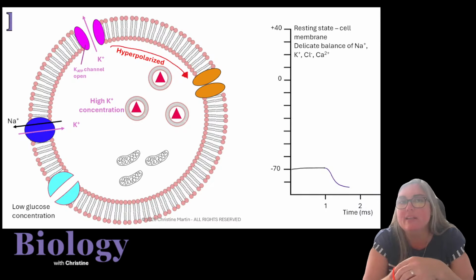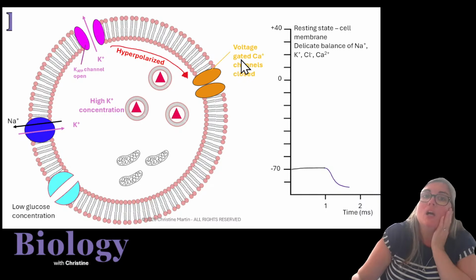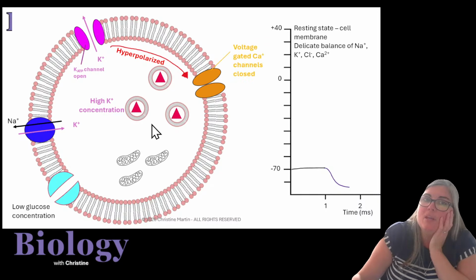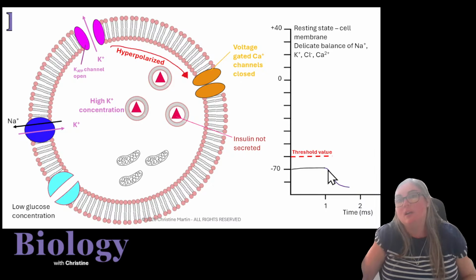That hyperpolarized state means that my voltage gated calcium channels are going to be closed. There is going to be no secretion of my insulin because I am nowhere near my threshold value.